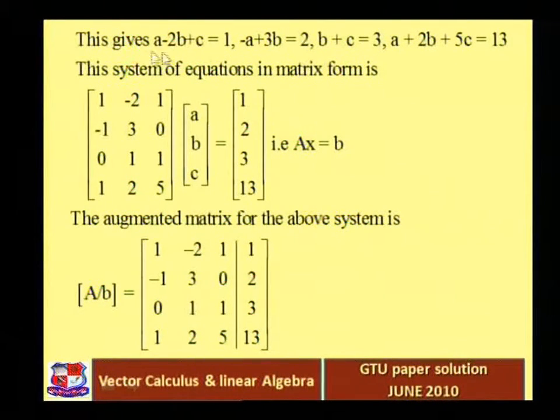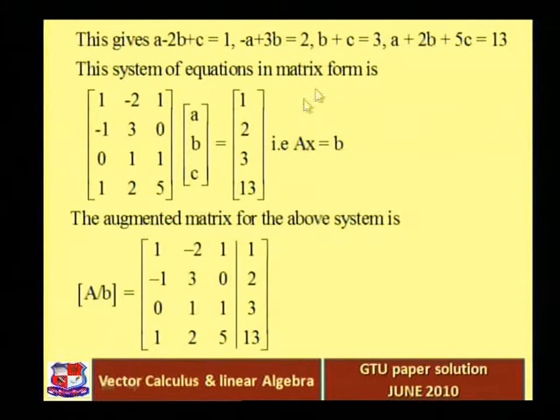Now to solve this system of 4 linear equations, definitely we have to use an augmented matrix, with the system of equations in matrix form. This is matrix A, where A is equal to: the first row is the coefficients of A, B, C, that is 1 minus 2 1. The second row is minus 1 3 0.